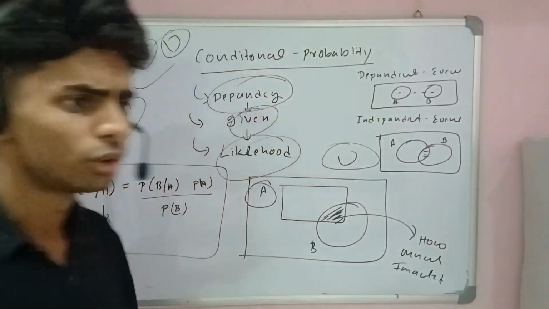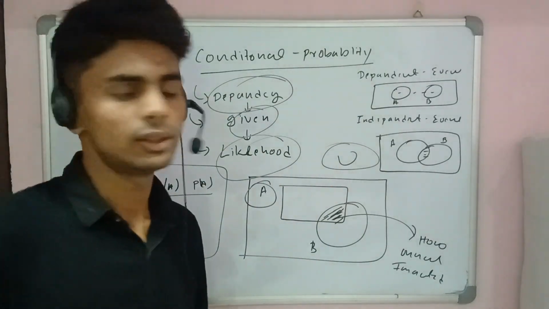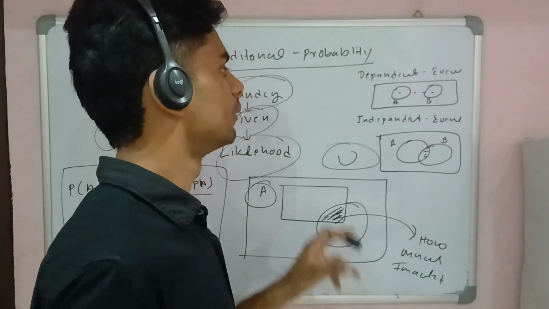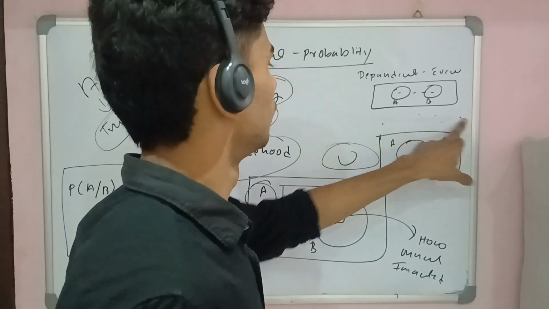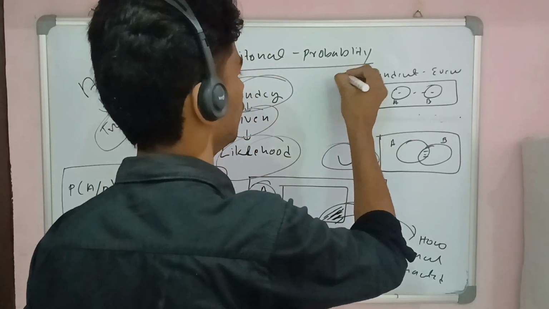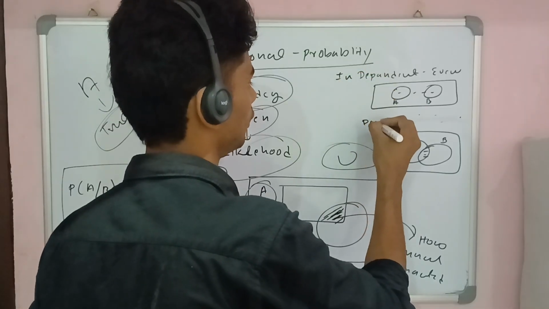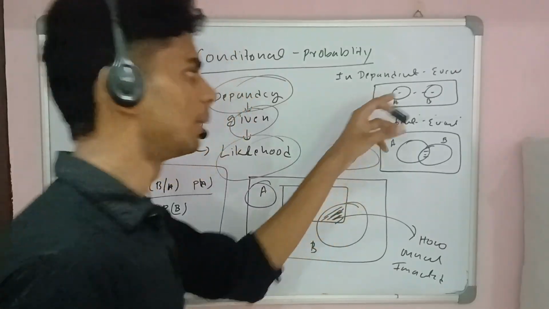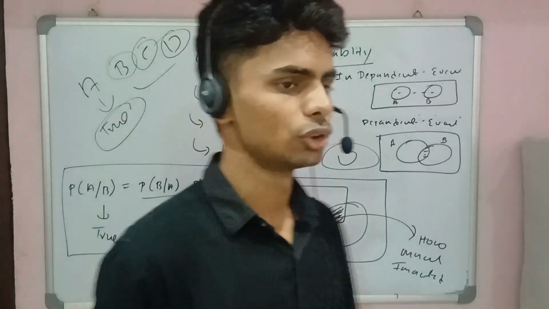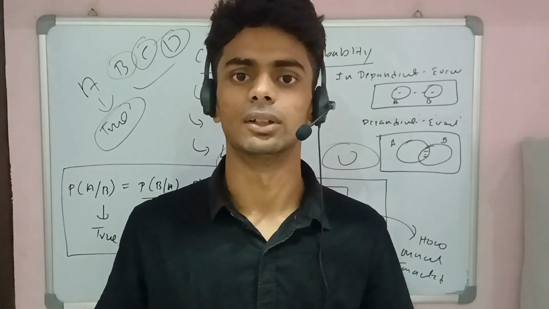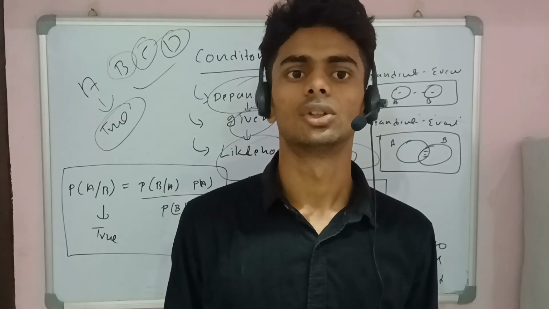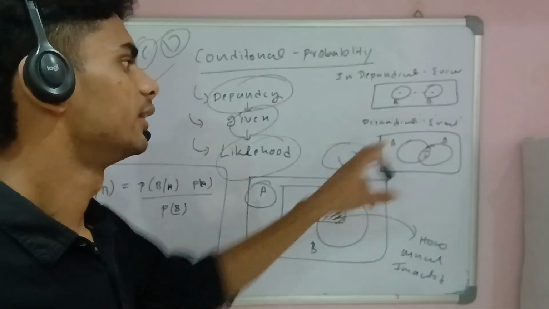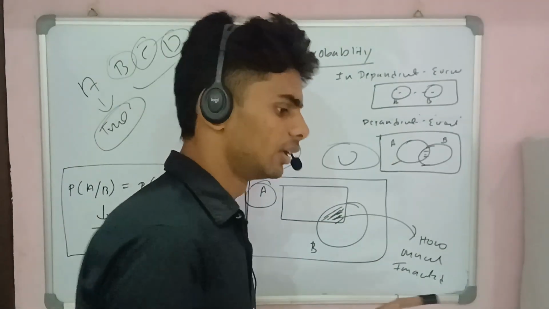In that case we look at how we can manipulate them. Dependent events are two events that are close to each other.